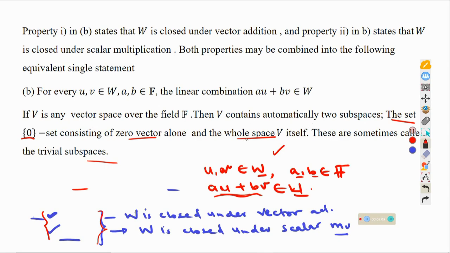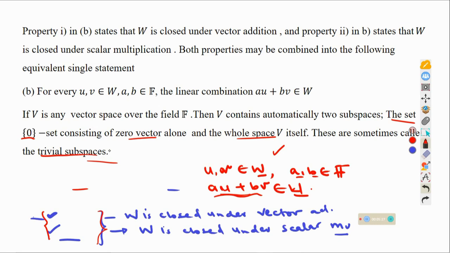So these subspaces, that is the set 0 consisting of the 0 vector, and the whole space V itself, are sometimes called the trivial subspaces. In other words, they are obvious ones. They will always be there.